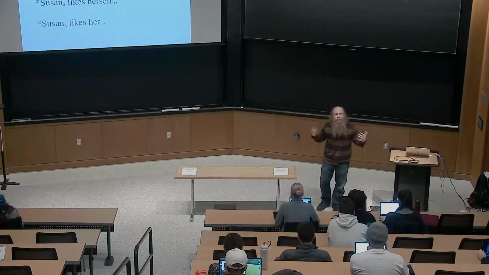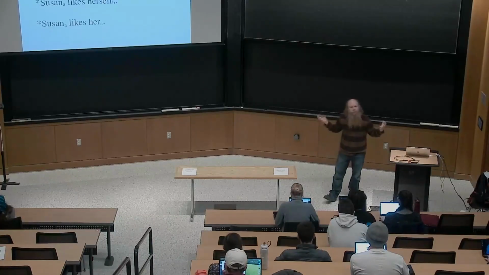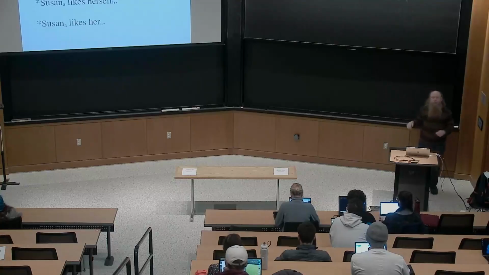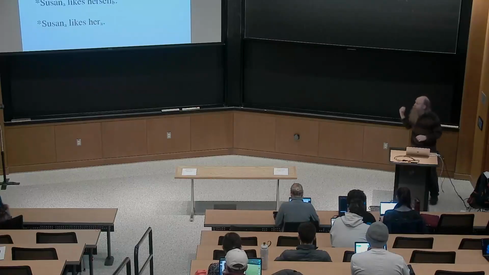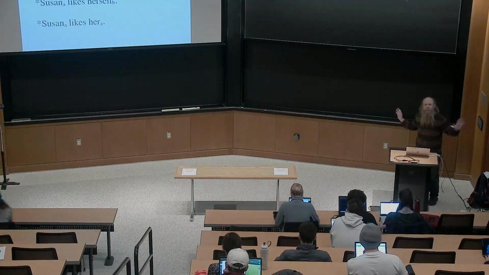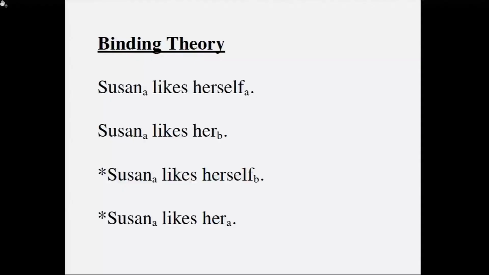We indicate that by giving them the same subscript. Susan sub A likes herself sub A is okay, but Susan sub A likes herself sub B is not okay. The two subscripts have to be the same. And with a pronoun, it's the other way around. They have to be different. Okay so far? Nobody is sitting there thinking, no, wait, I say Susan likes her, and I mean Susan likes herself all the time? No wonder nobody ever understands me. Nobody's having that experience? Okay, good.